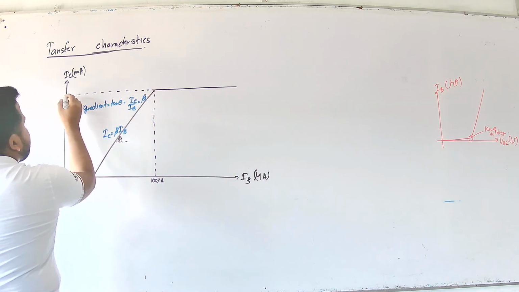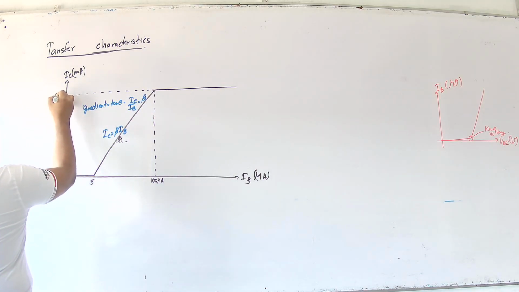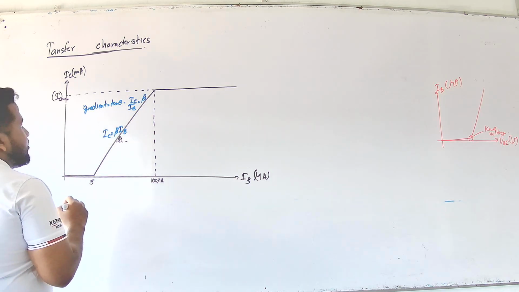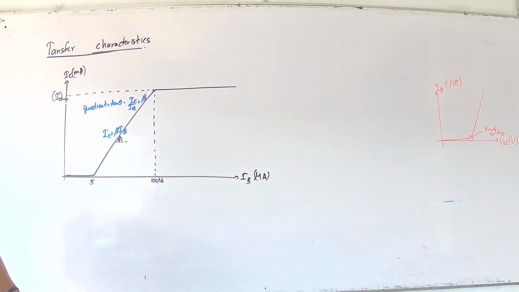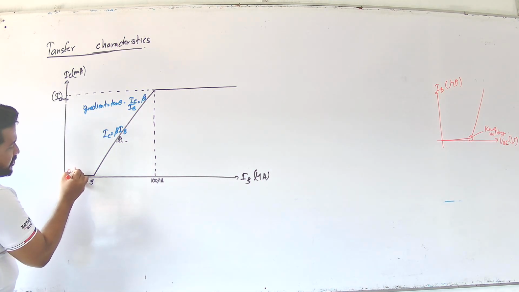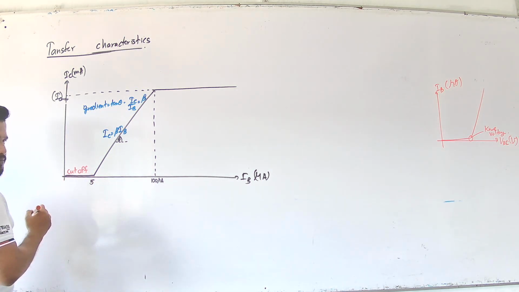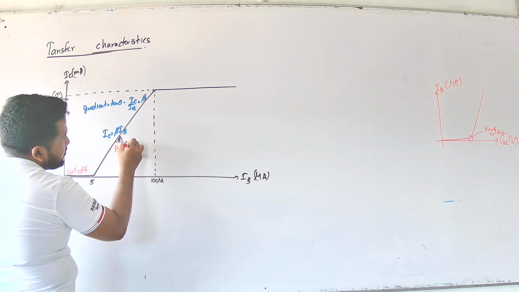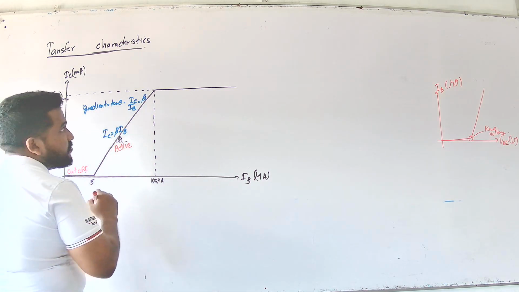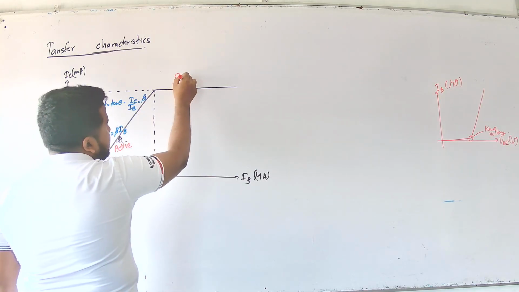So this one is IC max. So when we consider the regions, this is cutoff region. So this is active region. So this is saturation region.